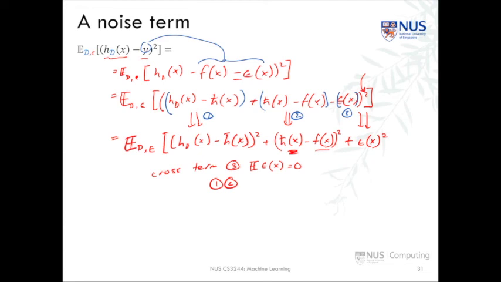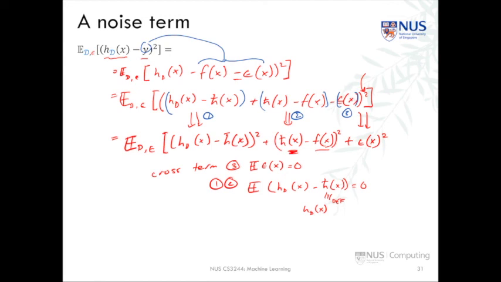We saw that actually the first term, this one here, the expectation of h_D of x minus h bar of x, is also going to be 0, because by definition we defined h bar to be h of D in the limit where we took so many different h of D's.